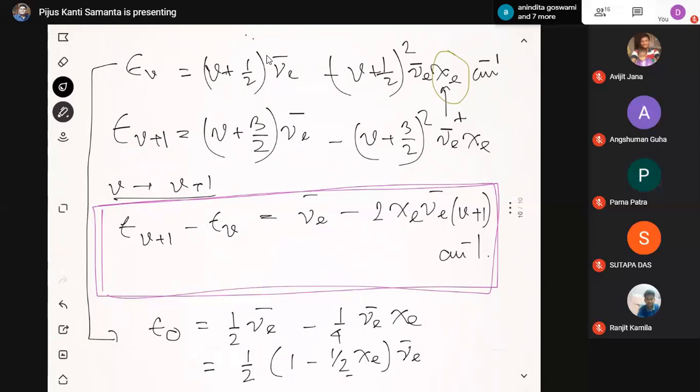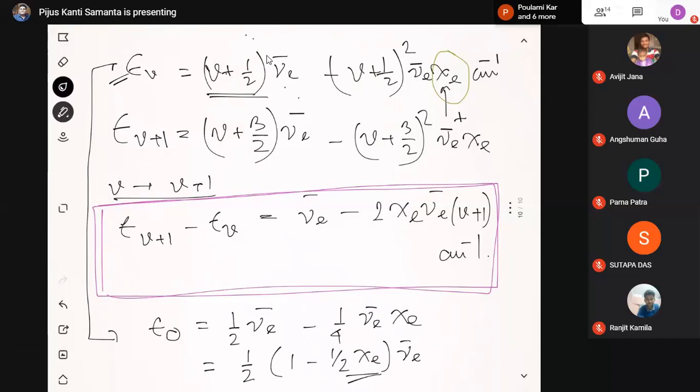So we can write the previous equation this way. You can take v plus half and mu bar common, then 1 minus v plus half xe mu bar. So how will it look?